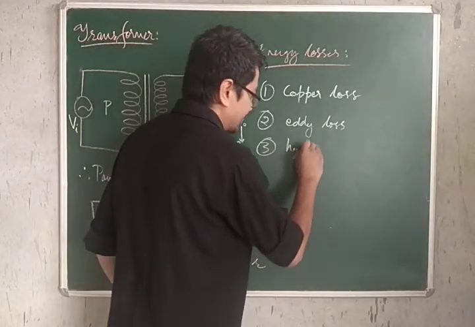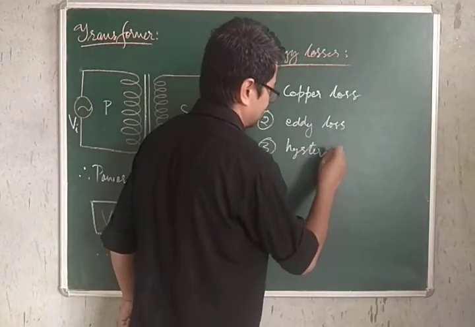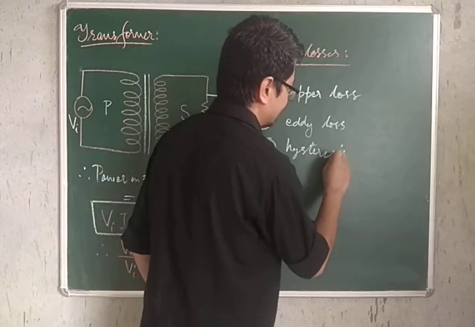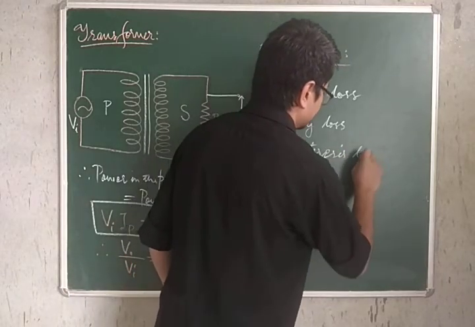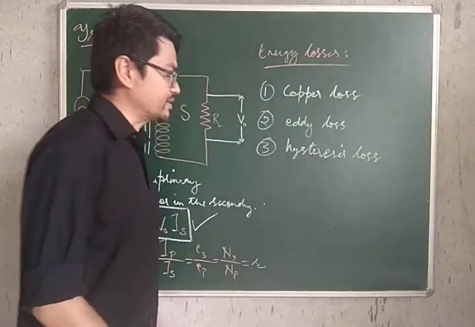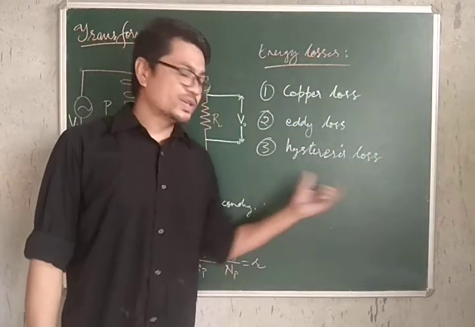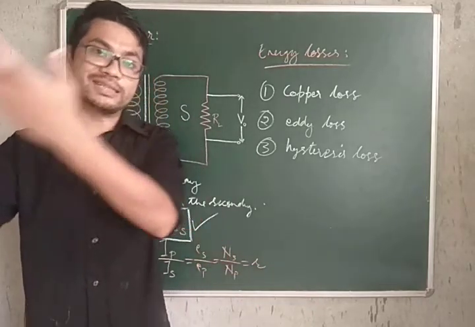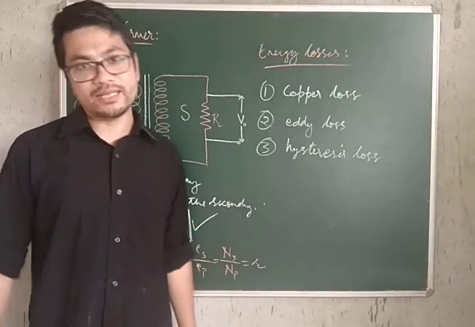Number 3 is hysteresis loss. I forgot the spelling of hysteresis, I believe it's this. Okay, so hysteresis loss, what is hysteresis? It's a process of magnetization and demagnetization.